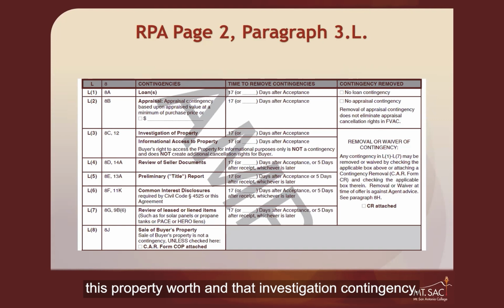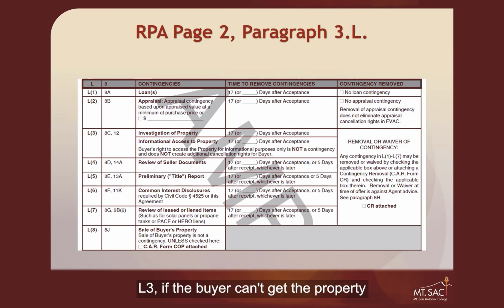And that investigation contingency, L3, if the buyer can't get the property and can't get the loan because the seller had too many insurance claims and the buyer can't get property insurance, that's not a loan contingency.